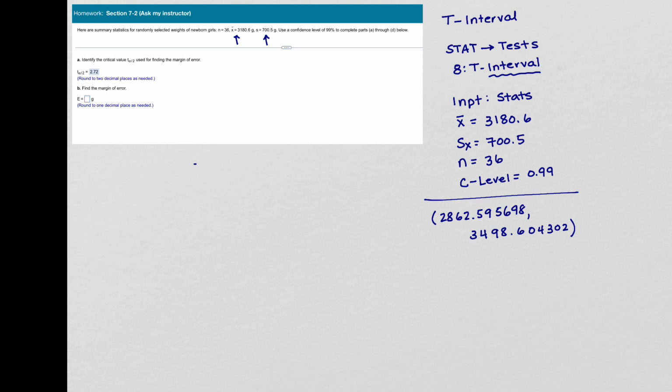So what we want to do is picture this where we have X bar in the middle. We have our lower limit for our confidence interval and our upper limit. So what are the values? Well, we know X bar is 3,180.6.